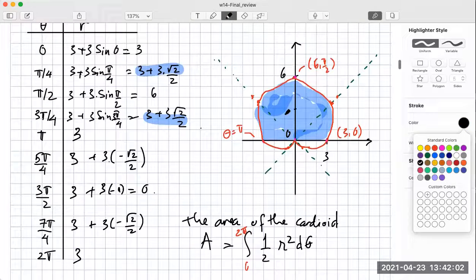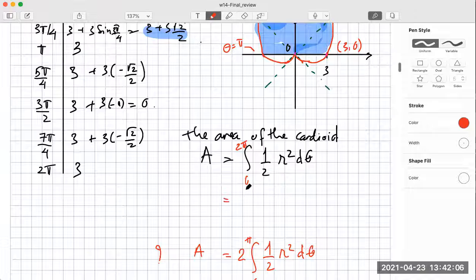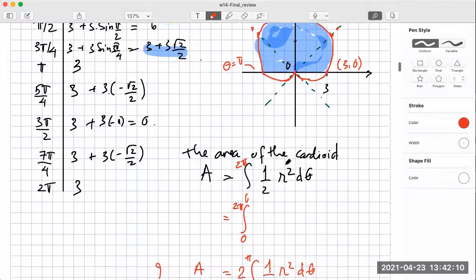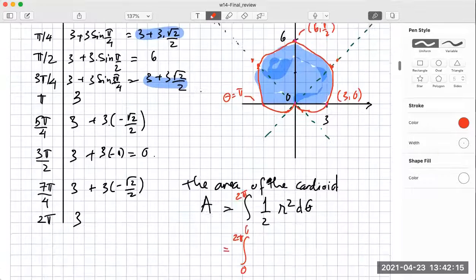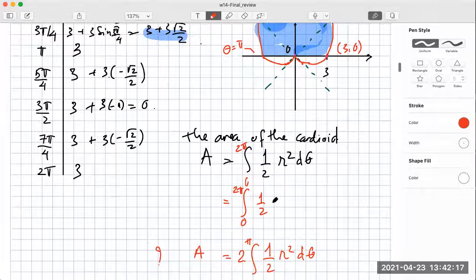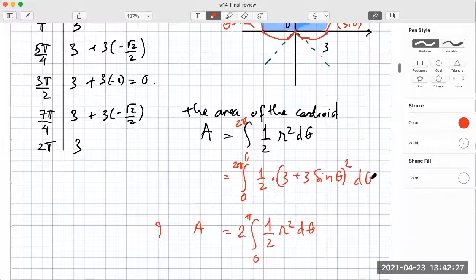instead of blindly plugging into the formula right here. And if we plug into the formula, r right here is this relation, right? It is 1/2 of 3 plus 3 sine theta, and they are all squared here, a perfect square. Don't be confused, okay?